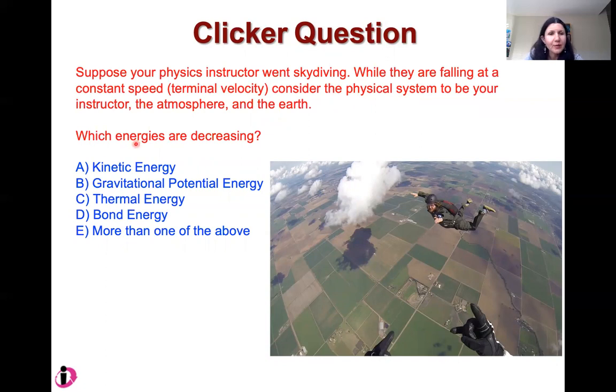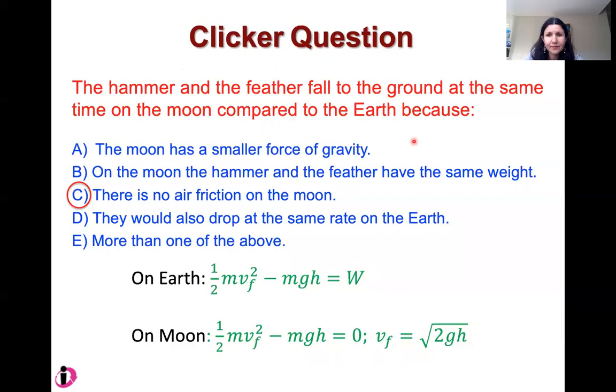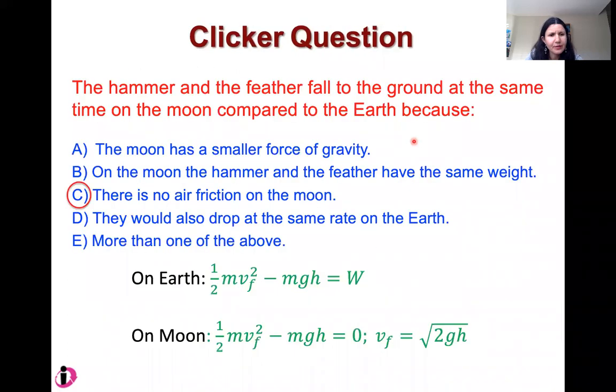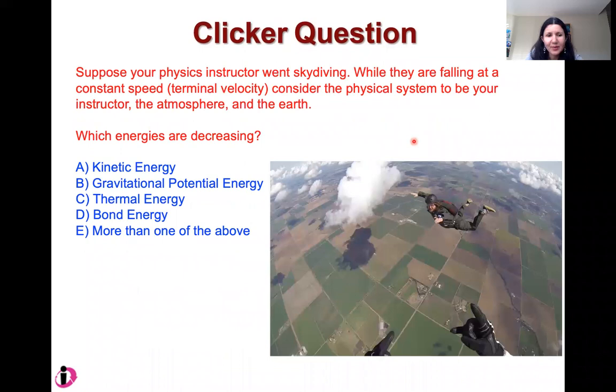Now let's think about which energies are decreasing as he is falling down. Okay, pause the video and think about it. Let's think about all of them one at a time. Kinetic energy, is it decreasing?